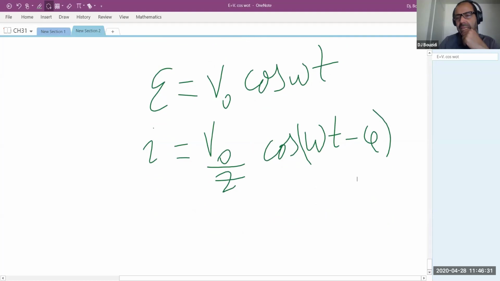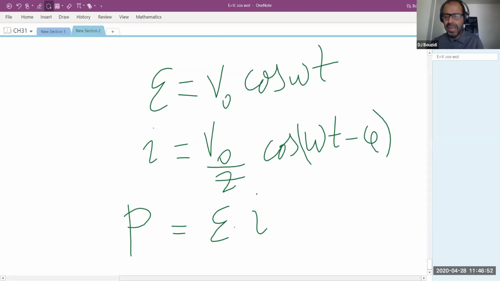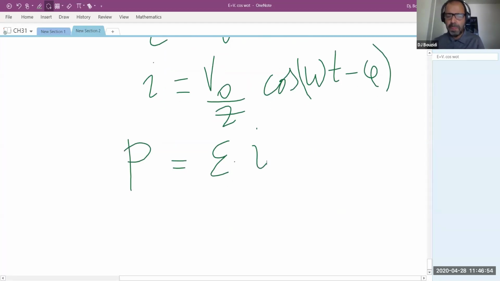So this is basically the voltage and the current across the actual power source itself. Now, if I want to find the power, it's just the current times the voltage across the battery. So the power source, this is how much power it's delivering, how much energy it's giving every second.